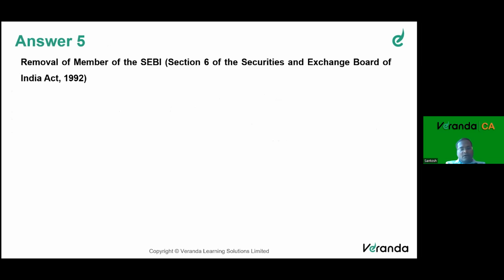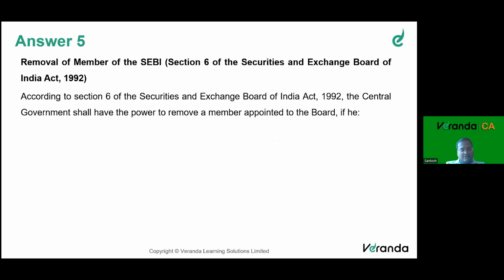Removal of a member of SEBI, Section 6 of the SEBI Act 1992.